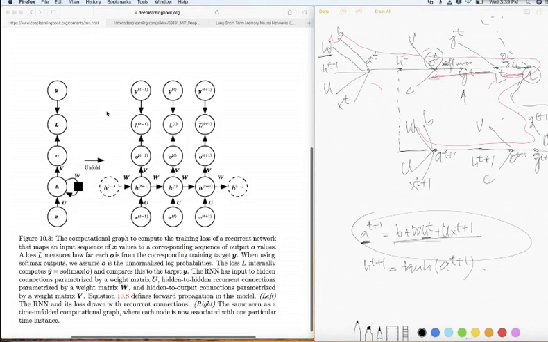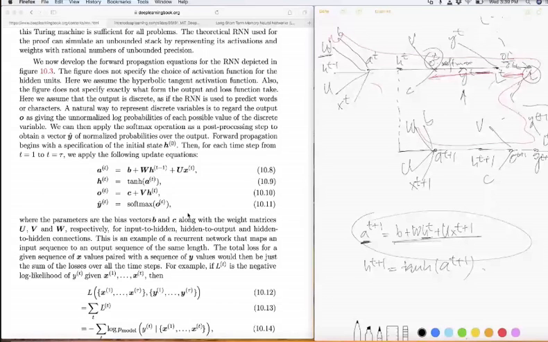All this is doing is we had this set of equations that were relating hidden states and inputs to the new hidden states and the outputs. And these are the set of equations that we wrote last time.